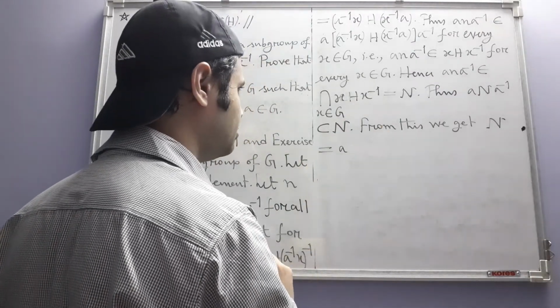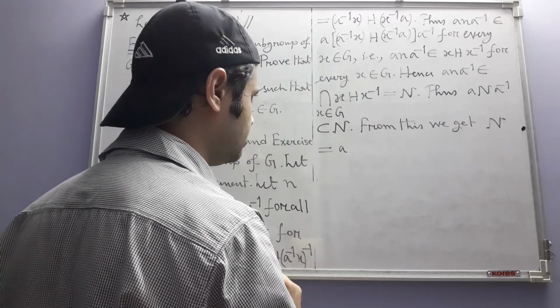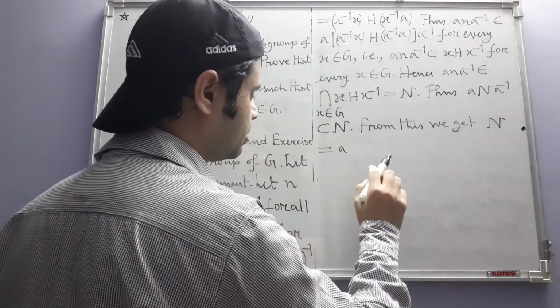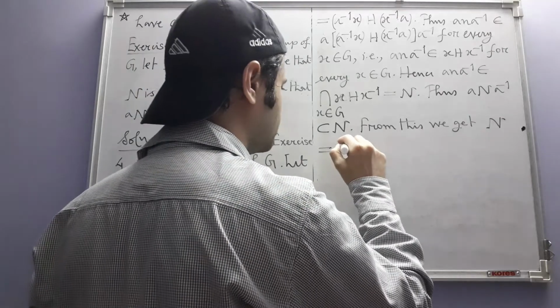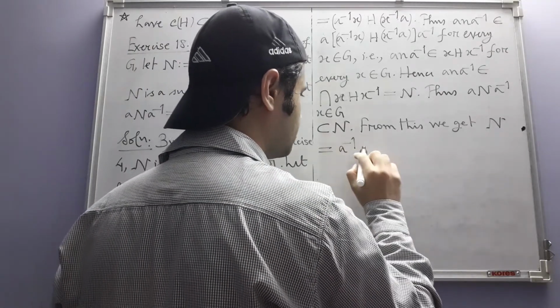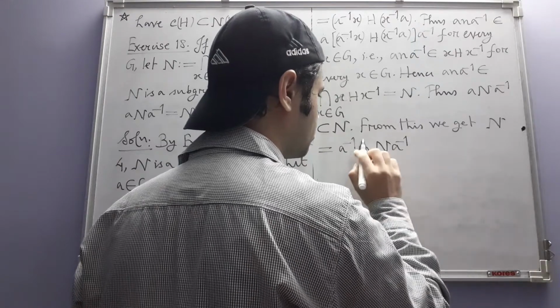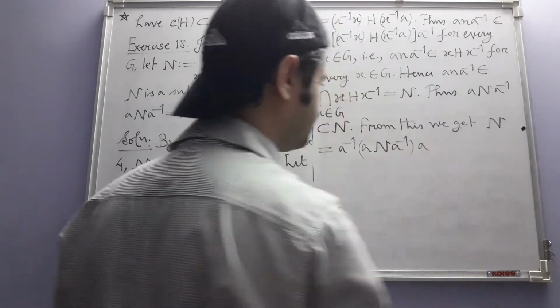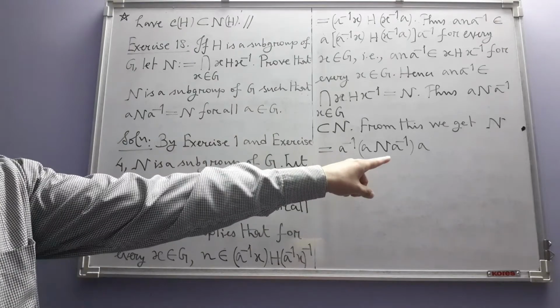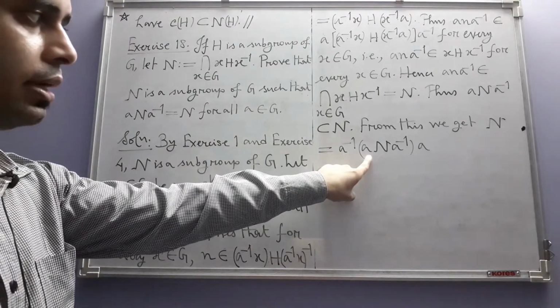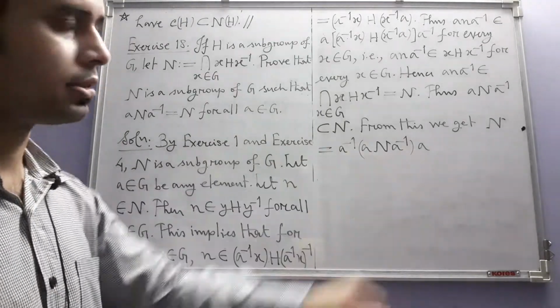That will give me n. N is equal to this because A inverse and A cancel out, A inverse and A cancel out.